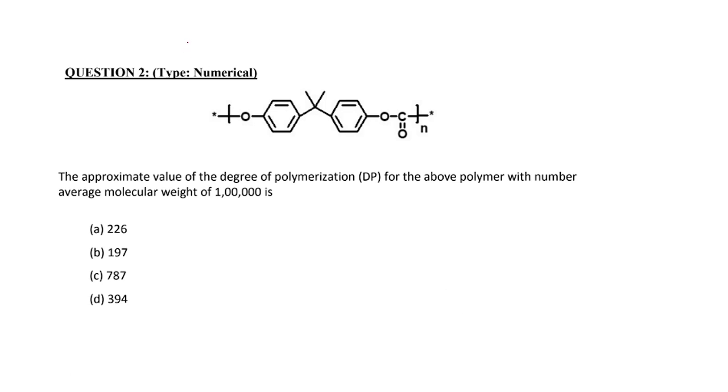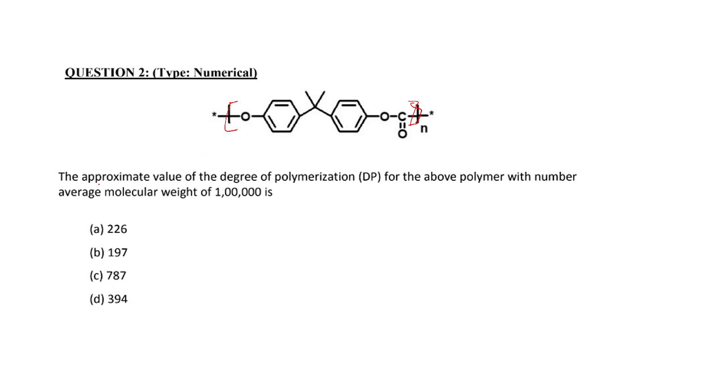Question number 2, a numerical. You are able to see this polymer; this monomer is repeated n times to form this polymer.